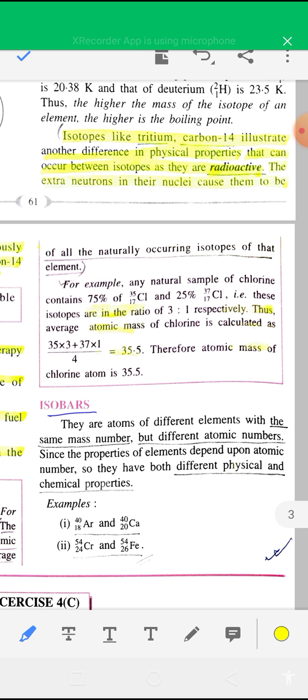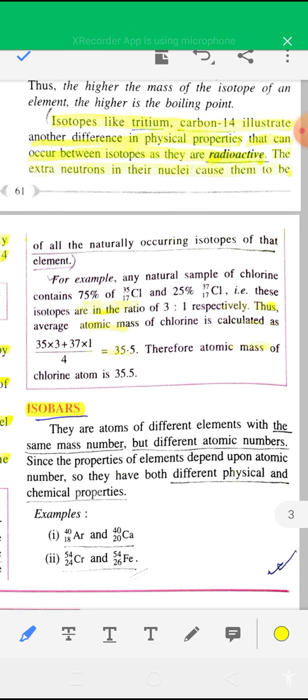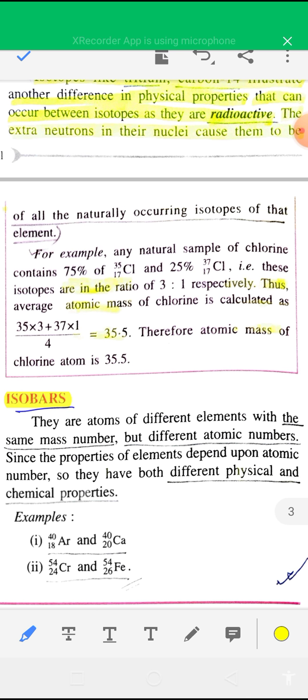Since the properties of an element depend upon the atomic number, isobars have different physical and chemical properties, because their electronic configurations are not the same.